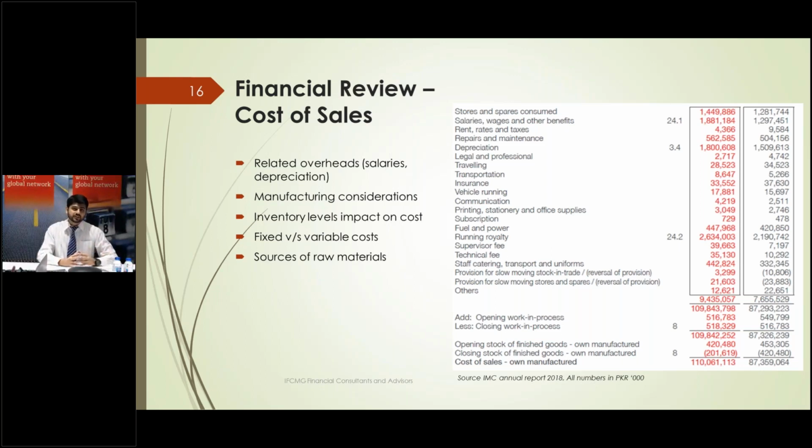But as we have seen recently with Indus Motor Company, they managed to pass on the cost of regulatory nature, which was, as you may be aware, they had increased the federal excise duty on the sale of vehicles, and that is the cost that was passed on by Indus Motor Company to its vendors, or sorry, clients.